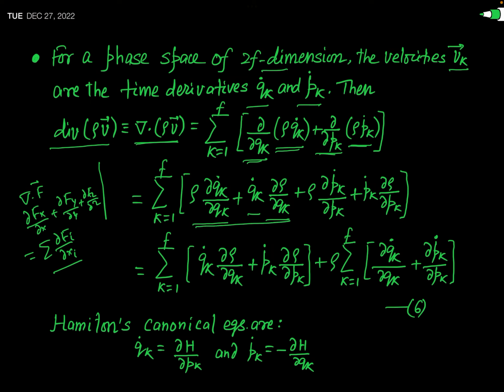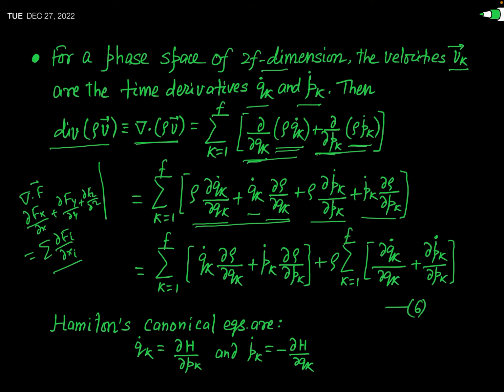These two terms have been written for the first term inside this square bracket, and for the second term you can write rho times del pk dot by del pk plus pk dot del rho by del pk. Okay.